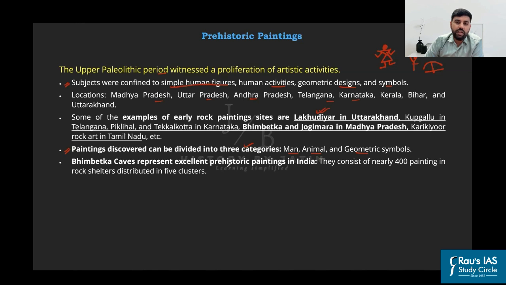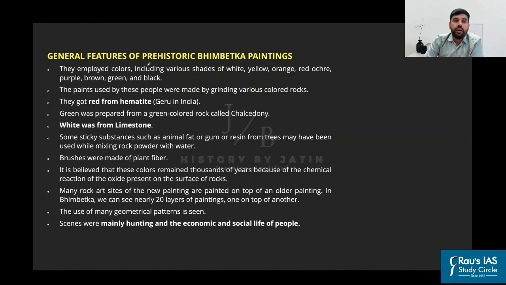Bhimbetka caves, we all know they represent the prehistoric things. Features of prehistoric Bhimbetka painting, basically Mesolithic. Now I'm not going to discuss what the Mesolithic era is. It's the Middle Stone Age.